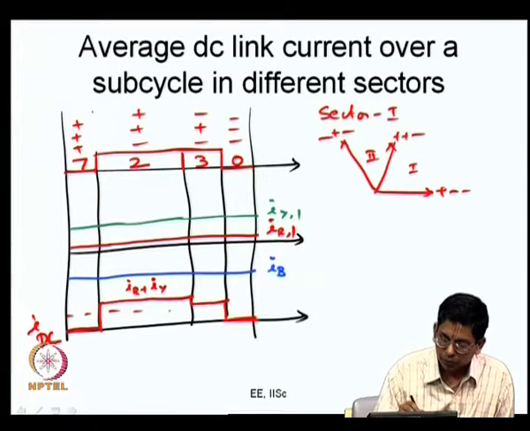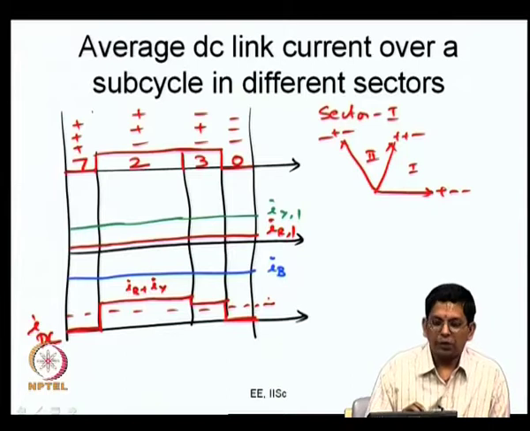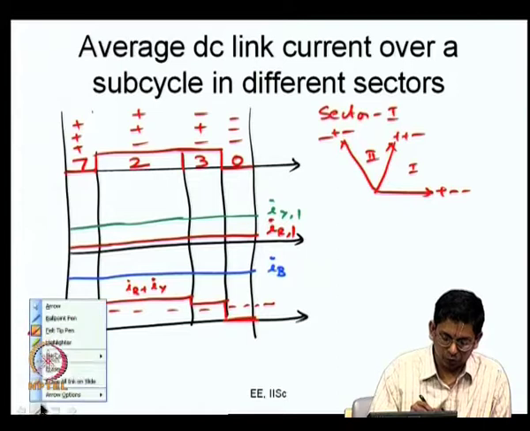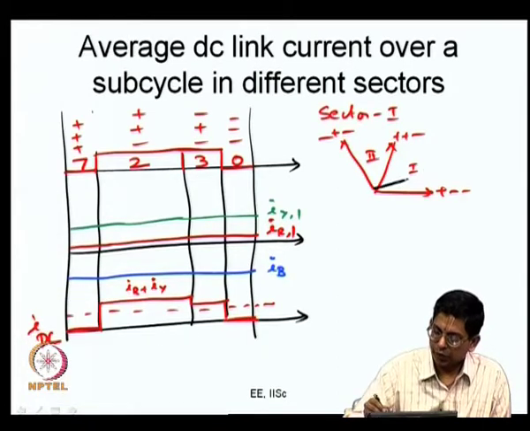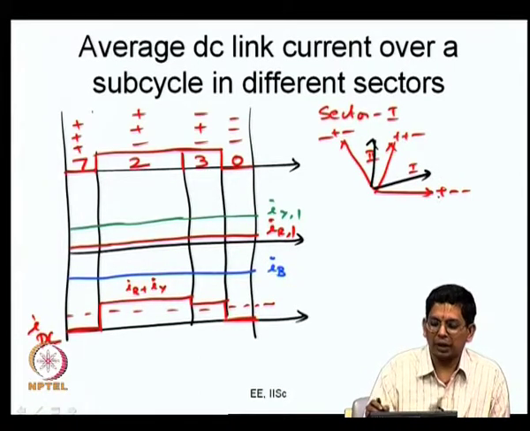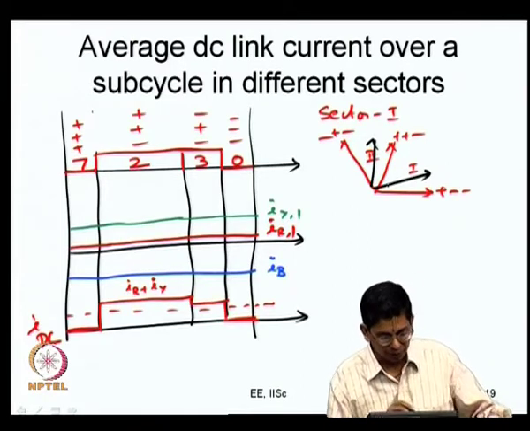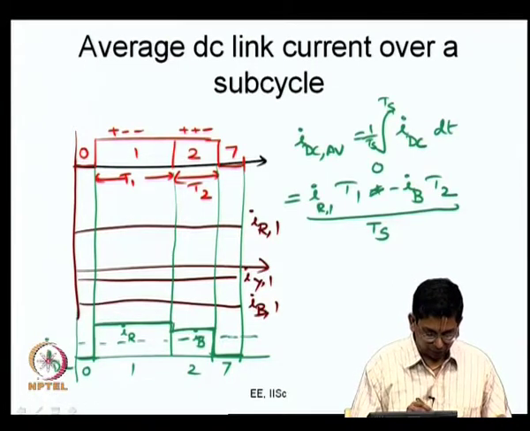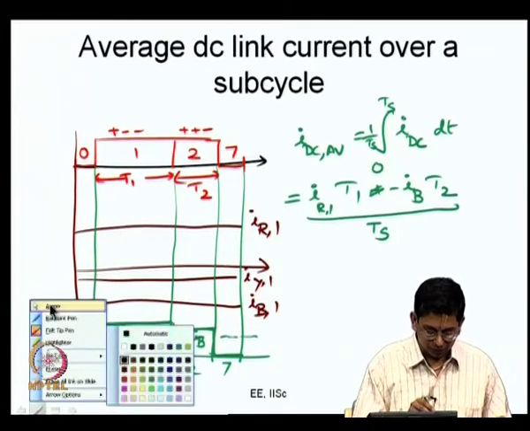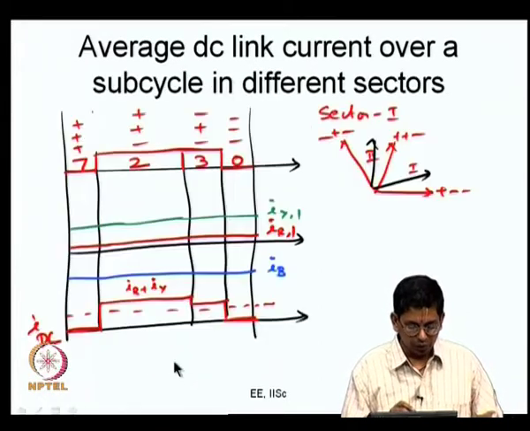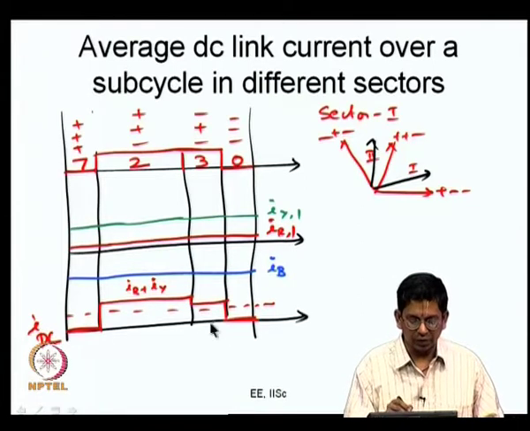So, if you take two instants which are 60 degrees away, let me just show that here. If you take two instants which are 60 degrees away, like here, this is Vref, that is Vref, the same value of fundamental angle, the angle is 60 degrees. Then you take these two cases, this duration, you will have a switching sequence like this. This duration T1 and T2 will be equal to these durations T2 and T3.